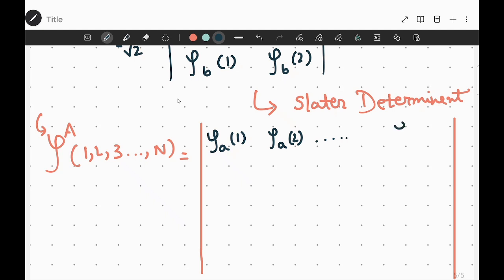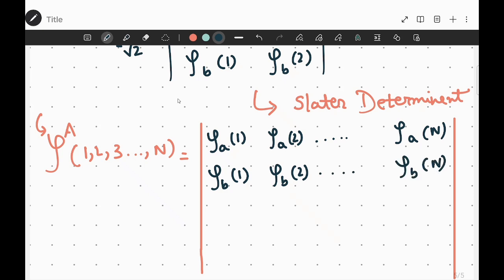Then this will be psi b1, psi b2, which goes up to psi bn. And through this column, the particles are changing. So it is psi n1, psi n2, up to psi nn. Through this Slater determinant, you can easily write it.